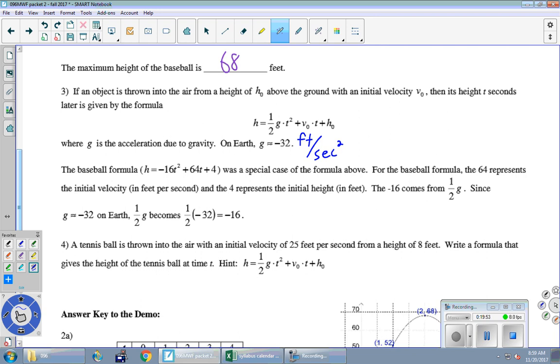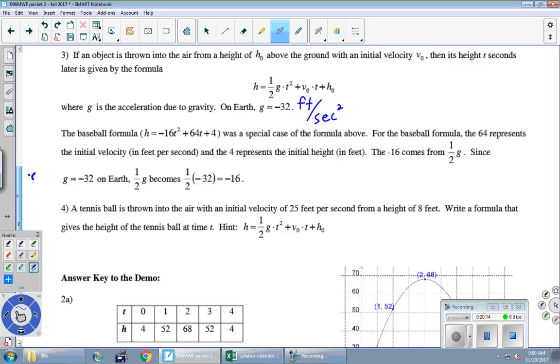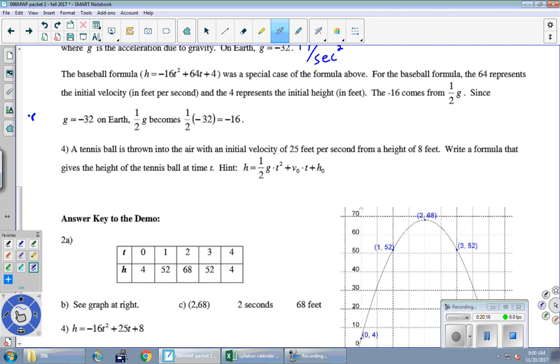It eventually slows down until it reaches the top and then starts coming back to Earth. This h sub 0, how much was it for our example? 4. Was 4 the initial height of the ball? When we filled in the table, didn't we discover that the ball was initially 4 feet off the ground? Okay, it makes sense.